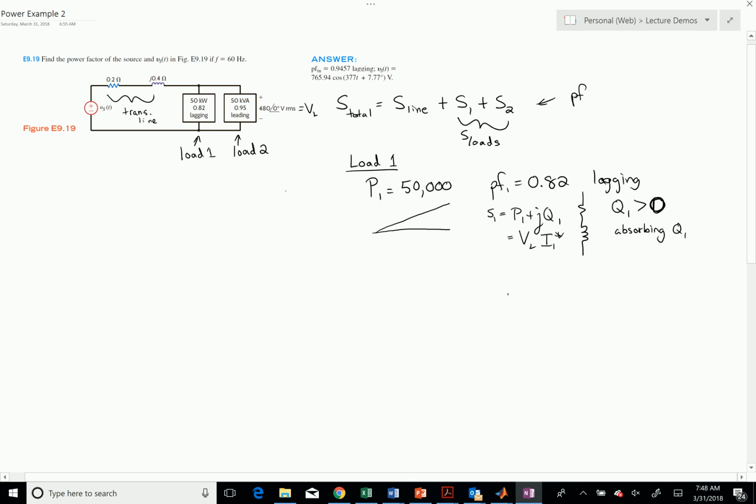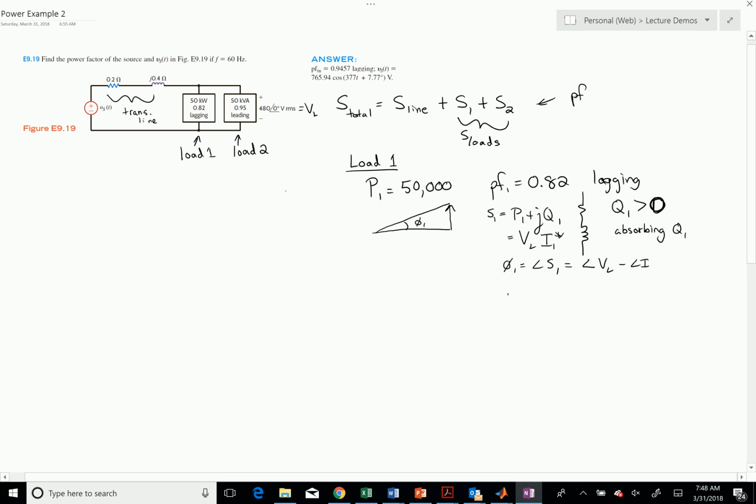Focusing on this guy, I call this angle phi 1. Phi 1 is the angle of S1. Given that S1 equals VL times I1 conjugate, this must be the angle of VL minus the angle of I. We'll talk more about that later.